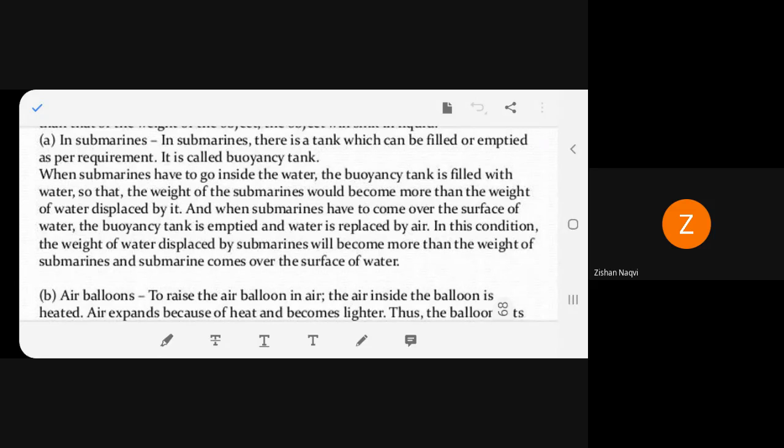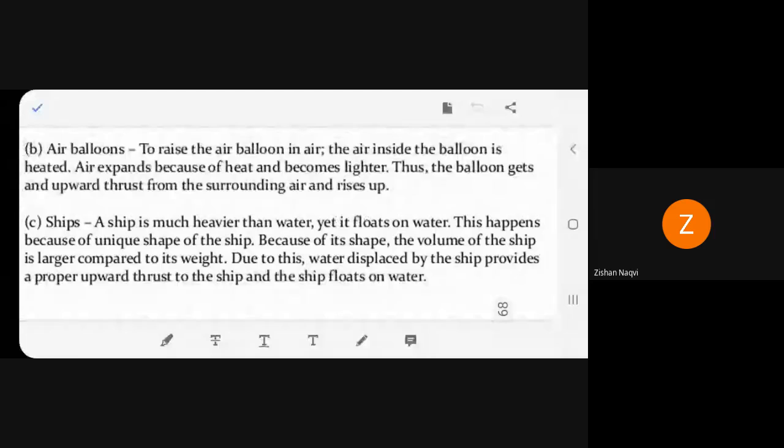Okay, now we come to the next example: air balloons. To raise the air balloon in the air, the air inside the balloon is heated.